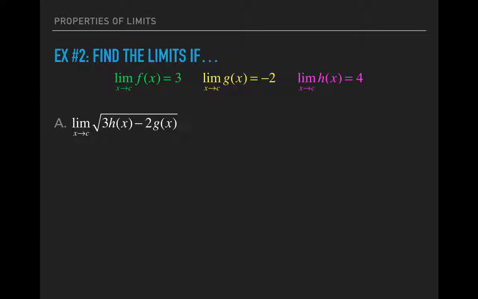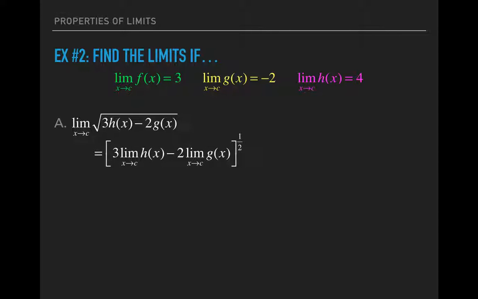So we're looking at the limit. If we take the square root of 3 times the h function minus 2 times the g function as it's approaching c. And just like before, we're going to apply the properties that we need. And we already worked with one where you had a root. Remember, express it as a power instead.